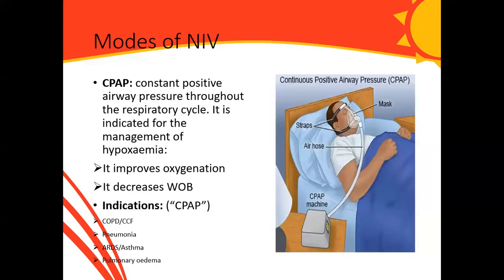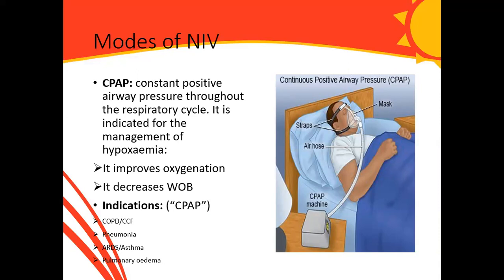There are different modes of non-invasive ventilation. You can see this patient, all right, who is being offered continuous positive airway pressure. Now, what this does, the CPAP machine that is lying by his bed, provides constant positive airway pressure throughout the patient's respiratory cycle.